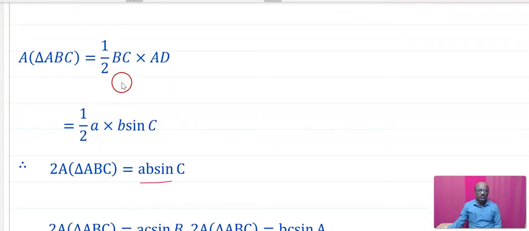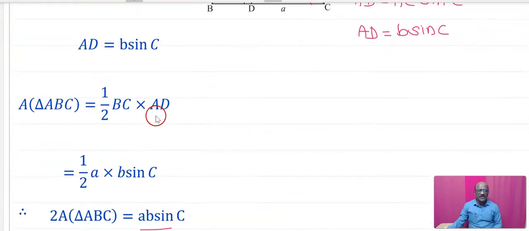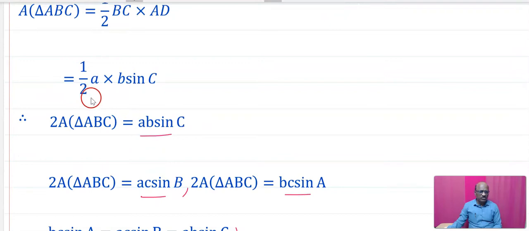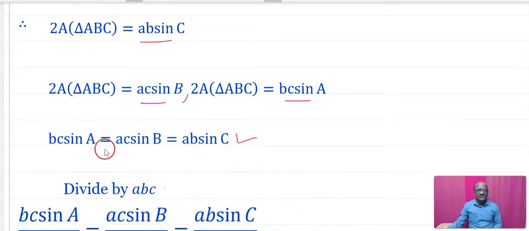Therefore 1 upon 2 BC, that is a, into AD, that is b sine C. Dividing by 2 to the left hand side, 2 times area of triangle ABC is equal to ab sine C, and similarly 2 times area of triangle ABC is equal to ac sine B, and 2 times area of triangle ABC is equal to bc sine A. In this way all these are equal.